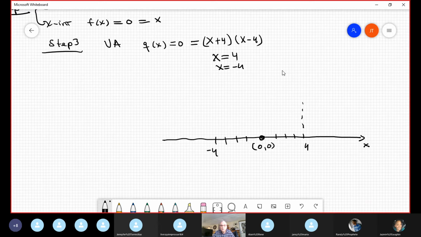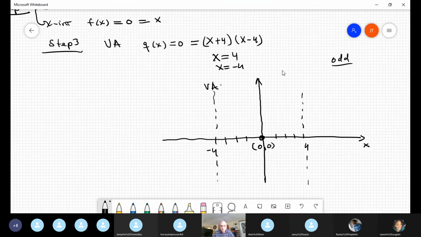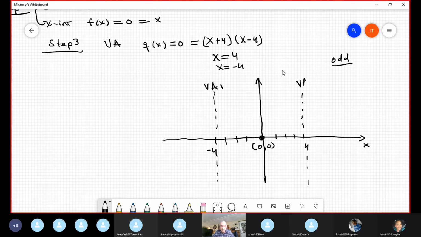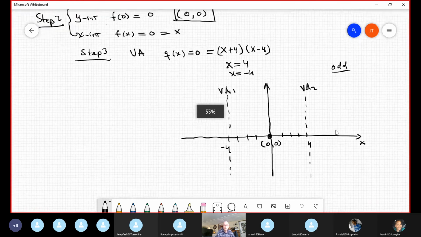Two verticals. And I also know it's odd. If it's odd, it's symmetric with respect to the origin. I don't know if it's like that or like that. After, I can plot different points, no? Vertical number 1, vertical number 2. So far, does everyone follow me or no?